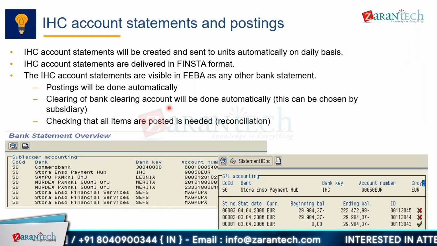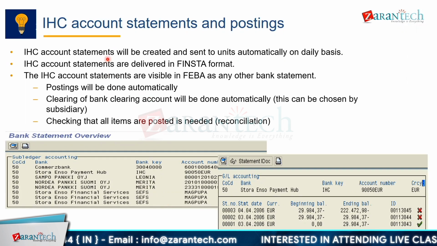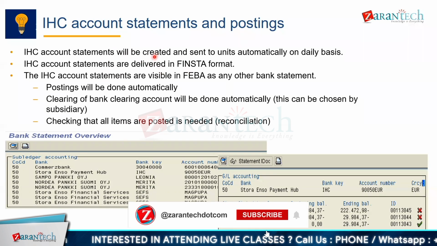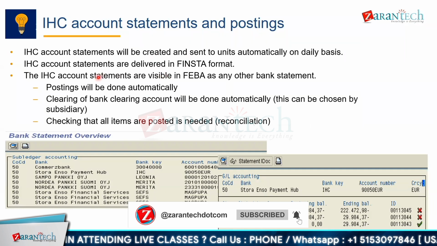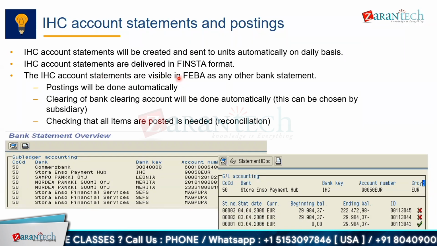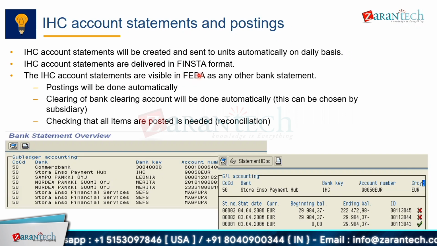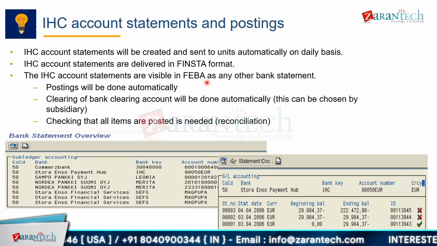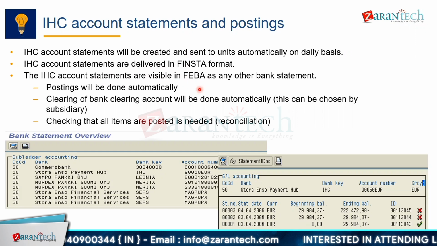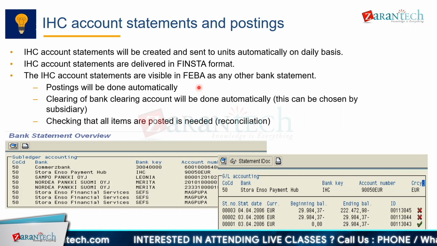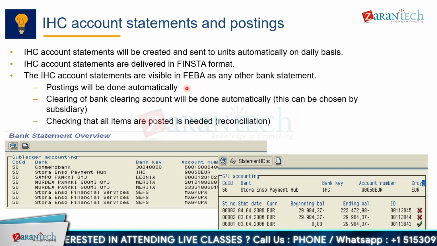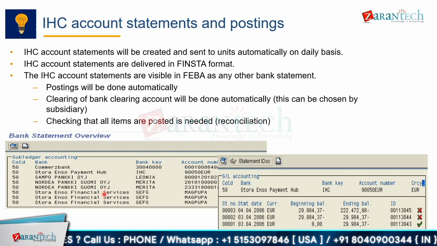Then overall, when the bank statement gets updated in the ISC account statement, it will send the statement file back to the subsidiary. In the FEBA transaction, the bank reconciliation transaction code where we do the reprocessing of the bank statement, all these statements will be visible.